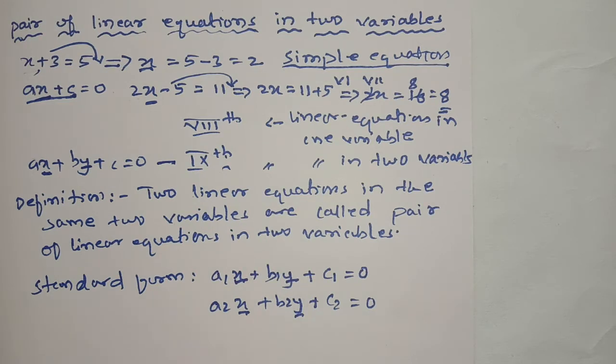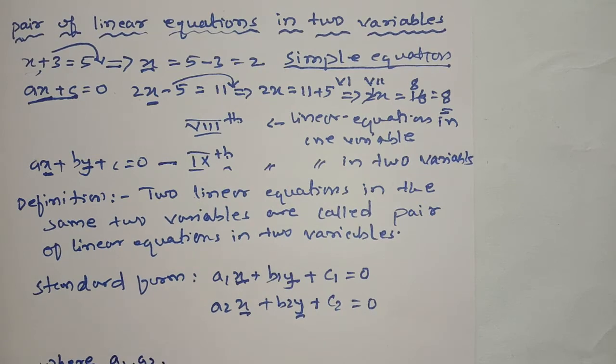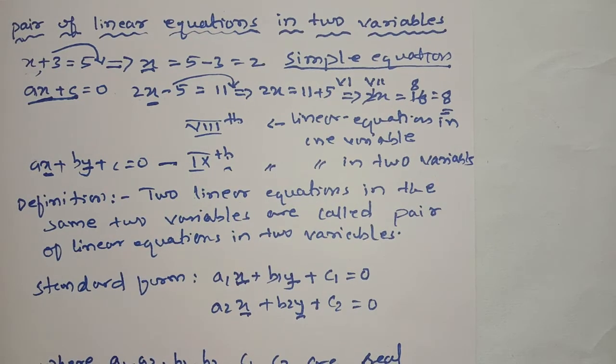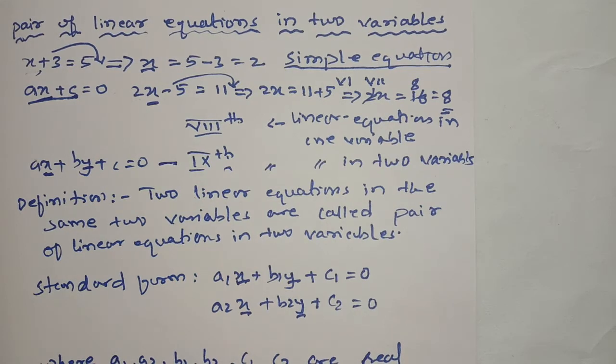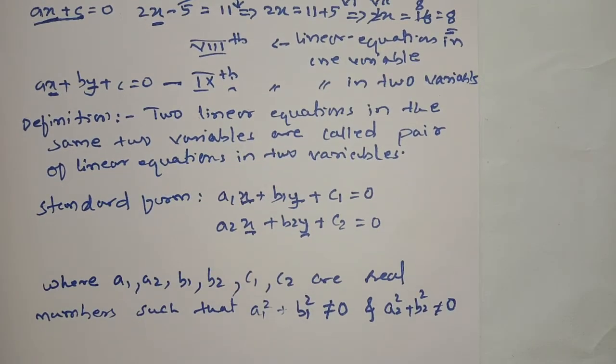Now one more thing to keep in mind in this standard form, where a1, a2, b1, b2, c1, c2 are real numbers, such that a1 square plus b1 square is not equal to 0, and a2 square plus b2 square is not equal to 0.